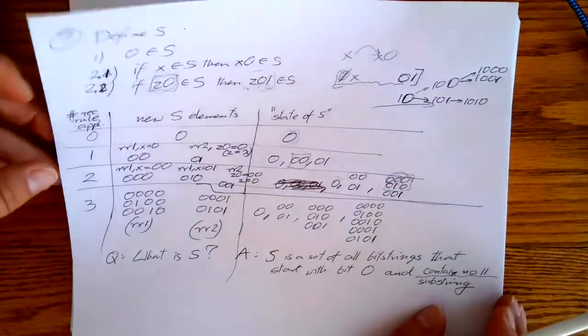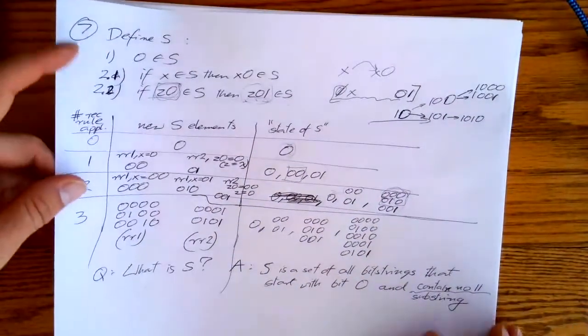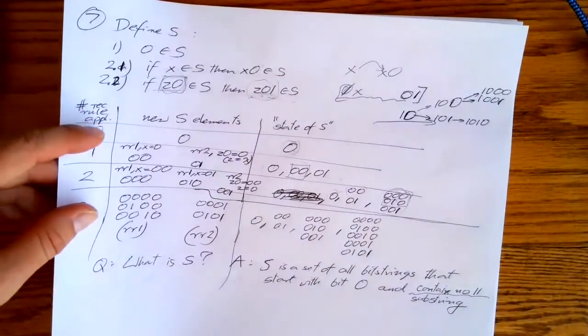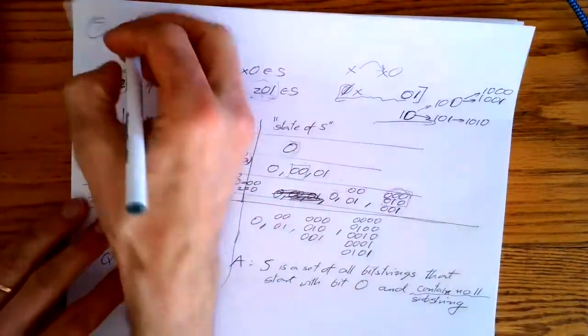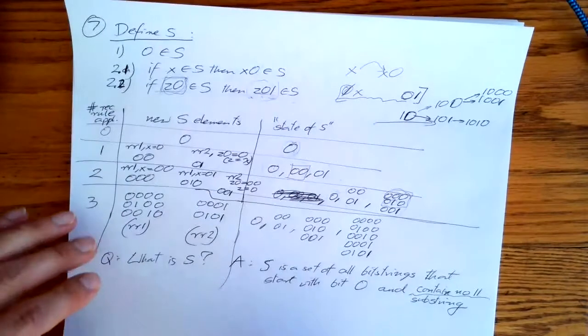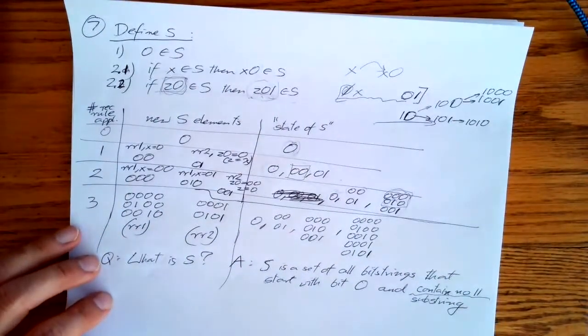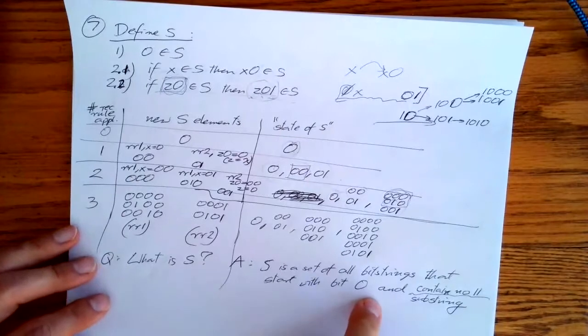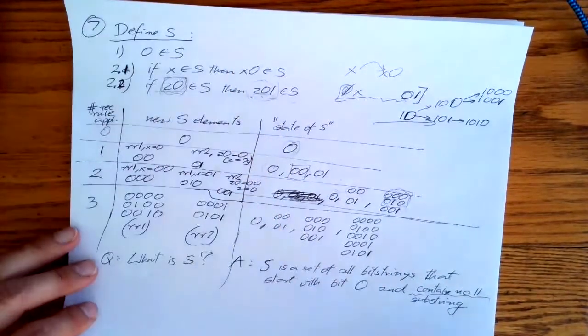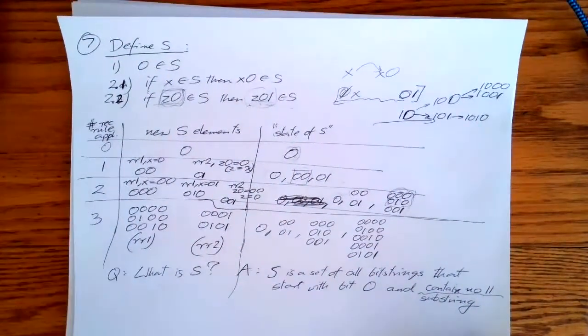But I would think about how one would do it, and I recommend you think about how you would argue that all strings of that type are going to be created by this rule.